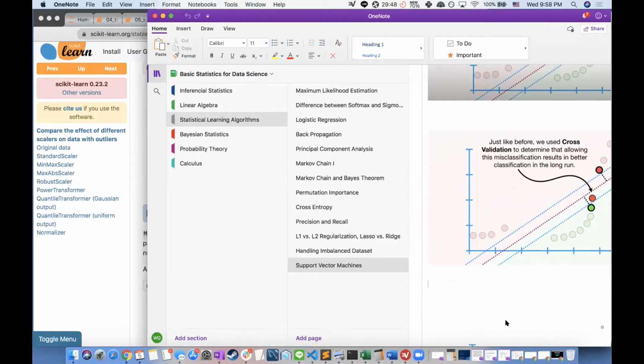Let me just stop sharing. I want to talk about batch norm because that's also one of the ways, probably the most important way, to scale for neural networks, since we're talking about scaling.